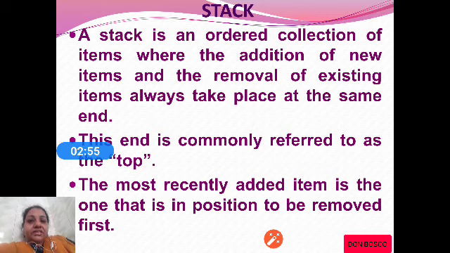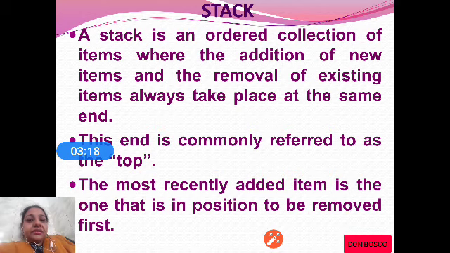So let us just discuss the definition. What is a stack? A stack is an ordered collection of data items where the elements are added and removed at one end of the stack, and that end is called the top of the stack.